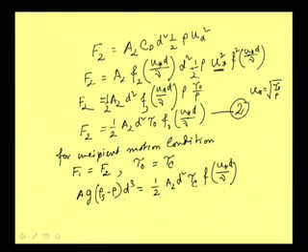Well, from here this part is constant, d cube and d square are there, so one d will be left.